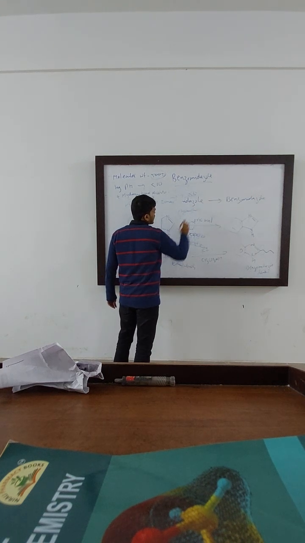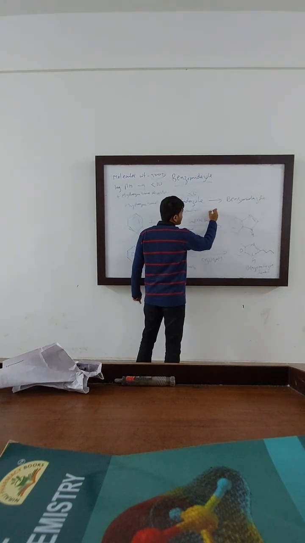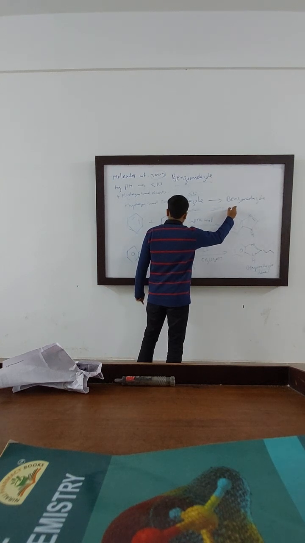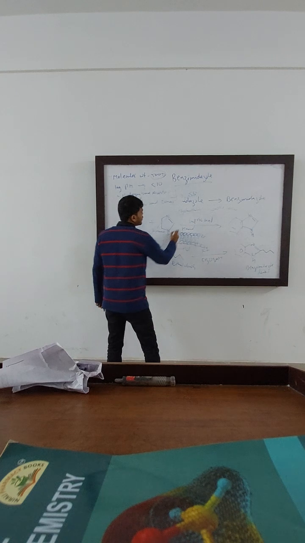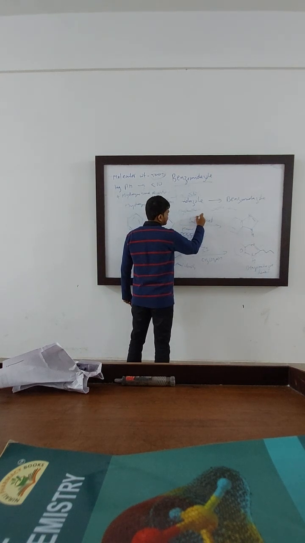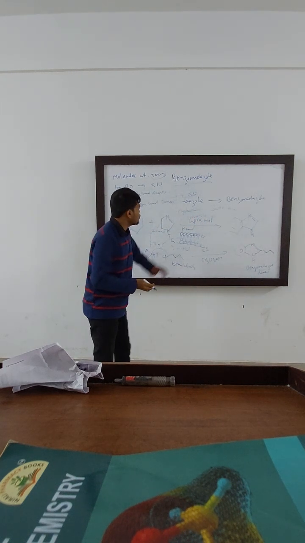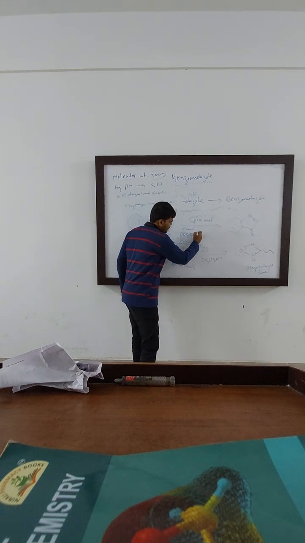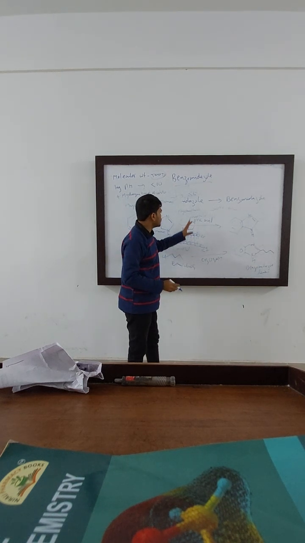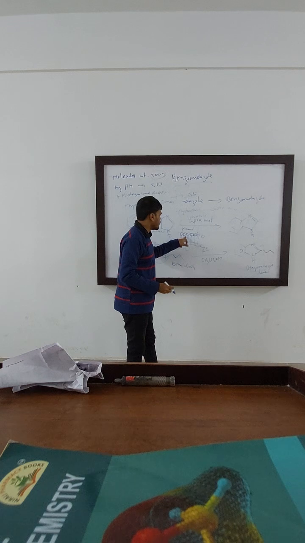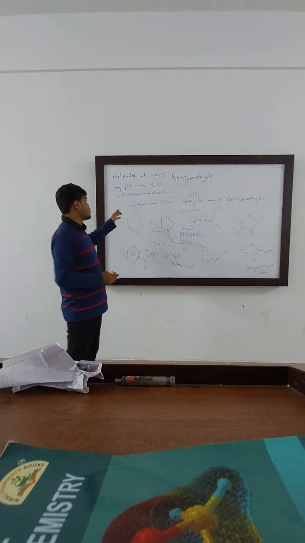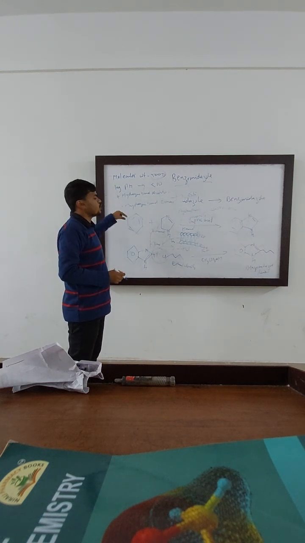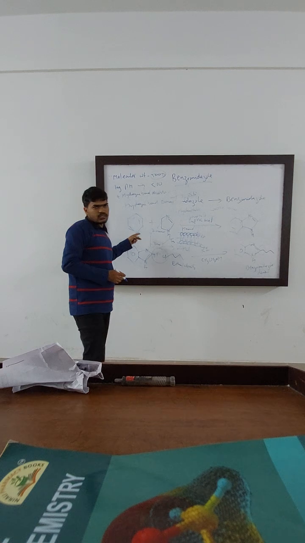Hydrophilic means water loving. Lipophilic means lipid loving. When the drug has to enter the cell membrane, it has to pass one hydrophilic layer and another lipophilic layer. We have to pass both, so we have to make the formulation accordingly. The Lipinski rule tells how our drug will perform.